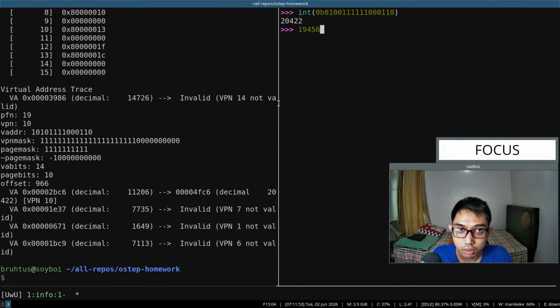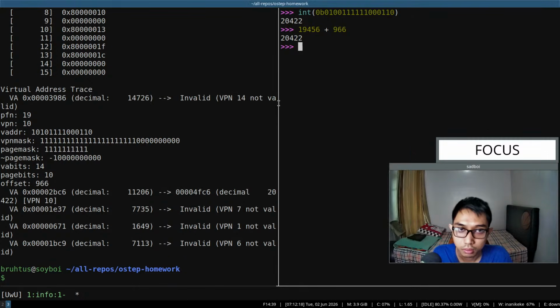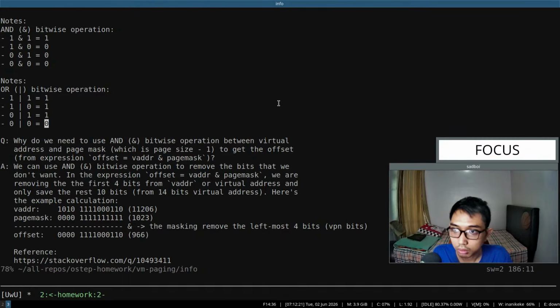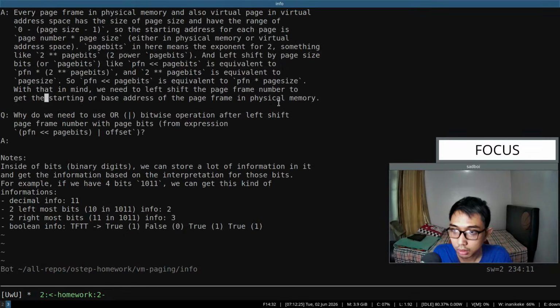Yeah, let me check. Can we do this? Oh, okay, interesting. So using the OR bitwise operation here is like adding the address, maybe something like that. But we are doing that in bit rather than decimal.